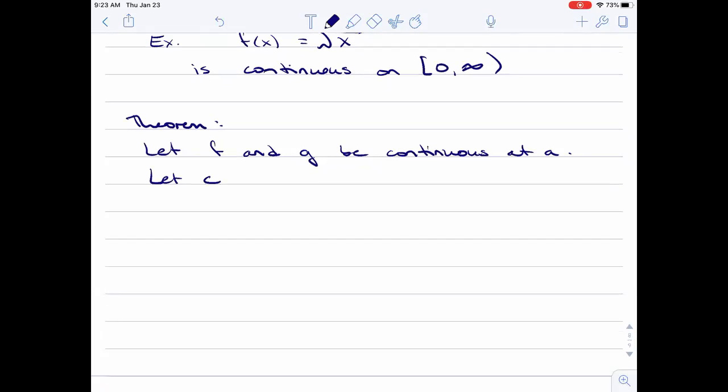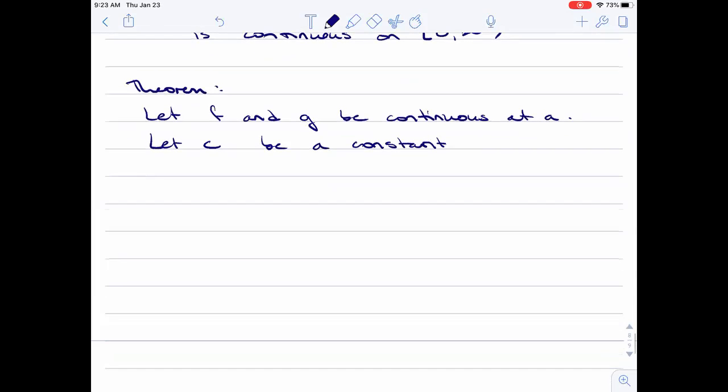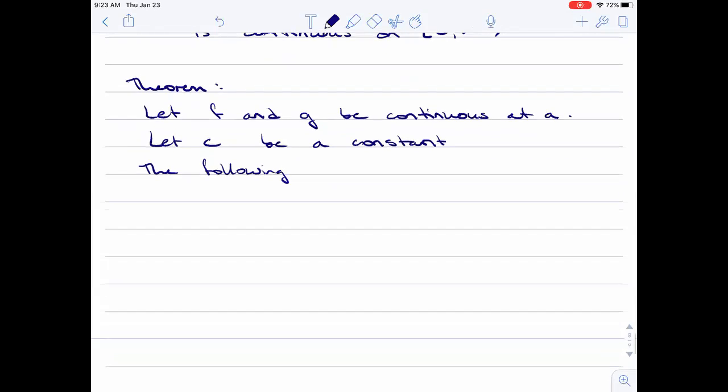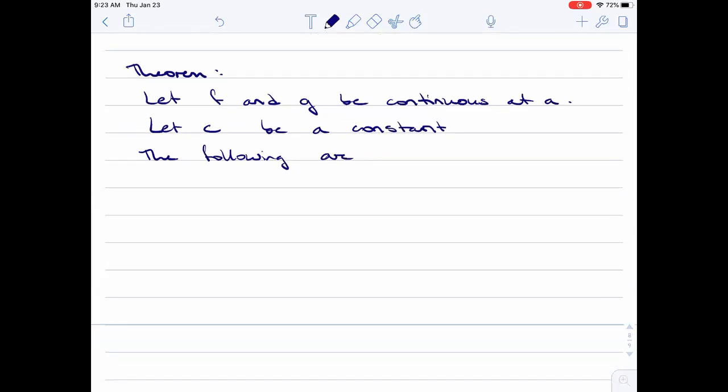Let lowercase c be a constant. Then the following are all continuous at a.